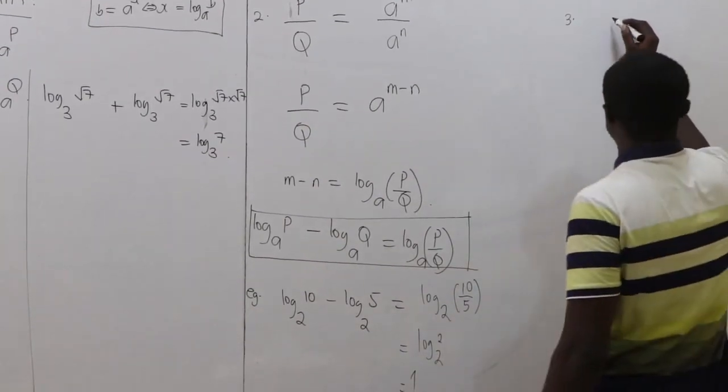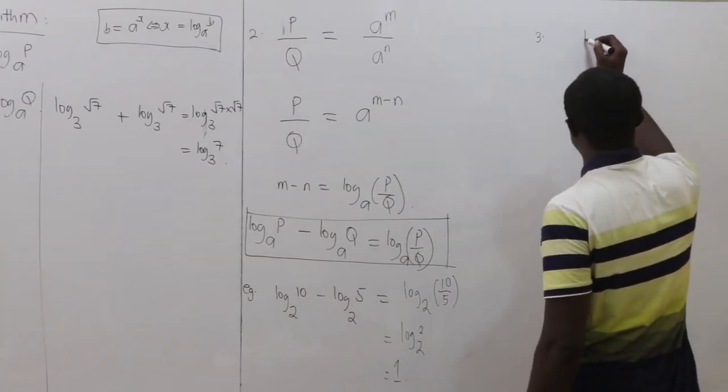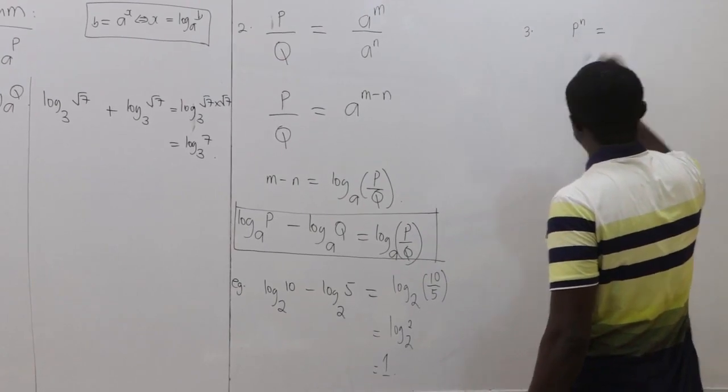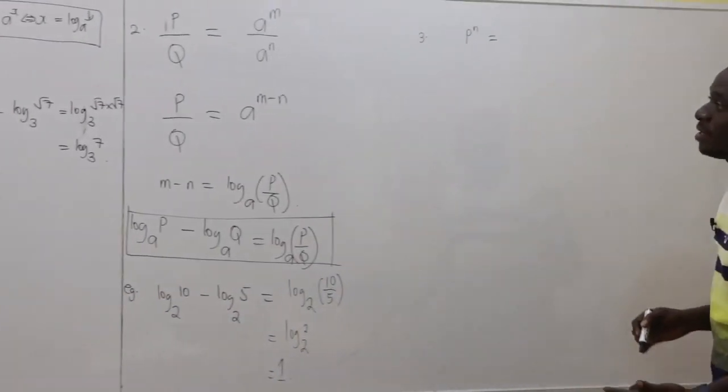Now if you have P to the power N, but then what is our P?